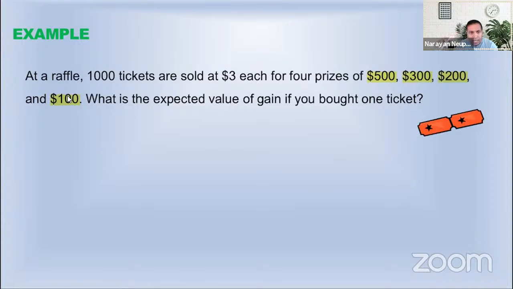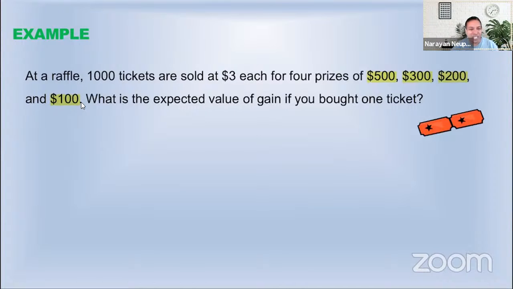The cost of one ticket is $3. That means 1,000 tickets are sold for $3 each. And they are giving out 4 prizes only. The first prize is $500. One person will get $500. The other person will get $300. The third person will get $200. And the fourth person will get $100.